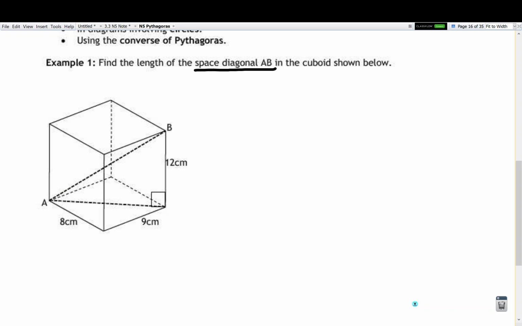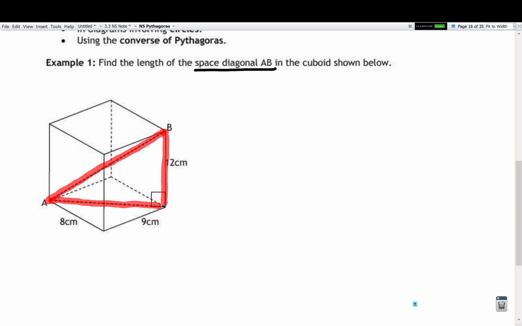So to find the length of that line, I can use Pythagoras by connecting a right-angled triangle between A and B, where this right angle is drawn down the bottom right here. If I highlight those three sides, we've got A to B there, this height, if you like, 12 centimetres there, and that along the bottom is called a face diagonal.